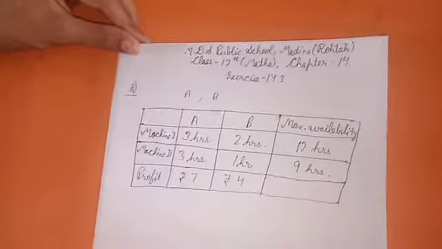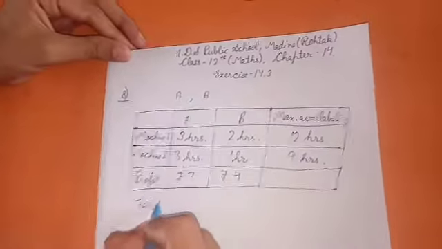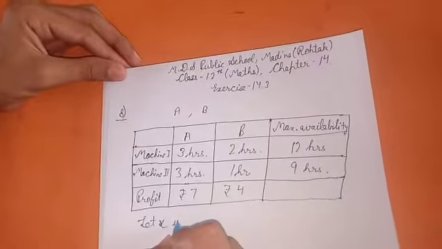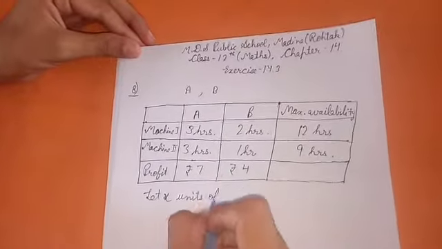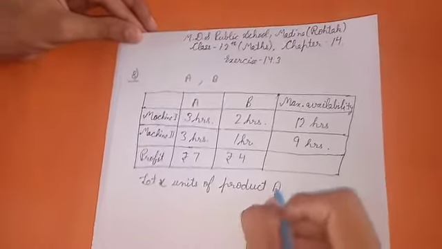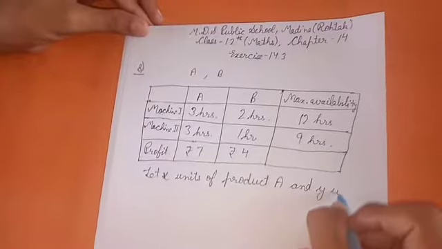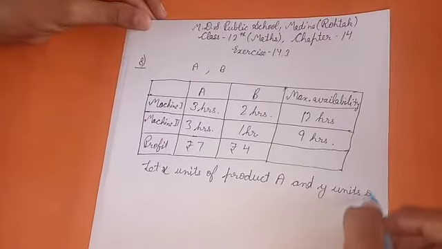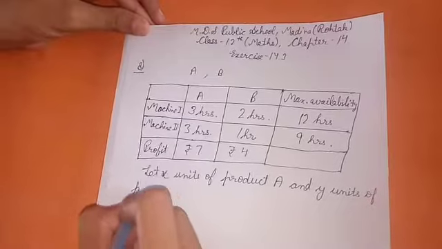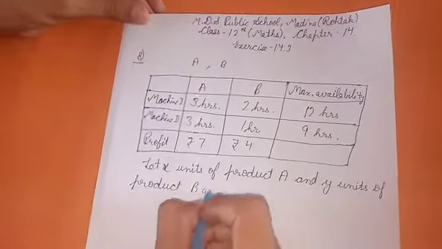First of all, we will assume x units of product A and y units of product B are manufactured.